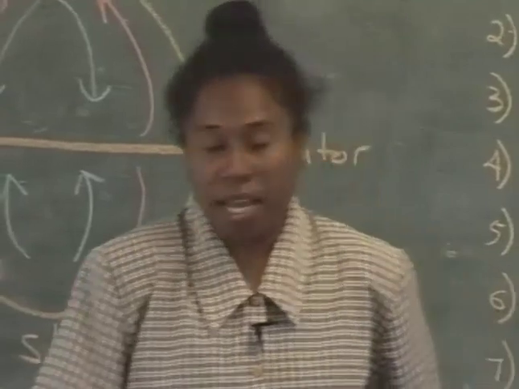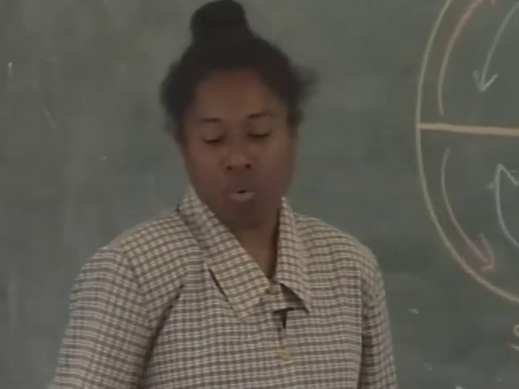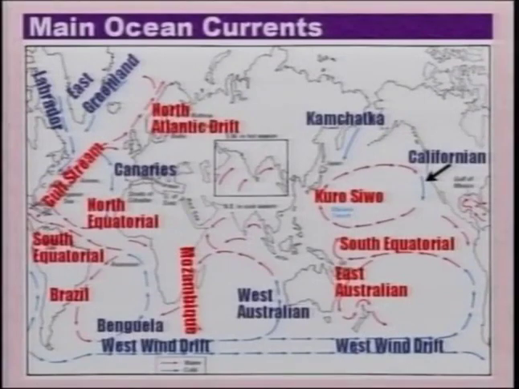We'll move on. This time, we are looking at some of the main ocean currents that we have around the world. You can now make reference to your atlases. There are different atlases that will contain the information on ocean currents. Because we are using the Papua New Guinea Secondary Atlas, you can make reference to it.